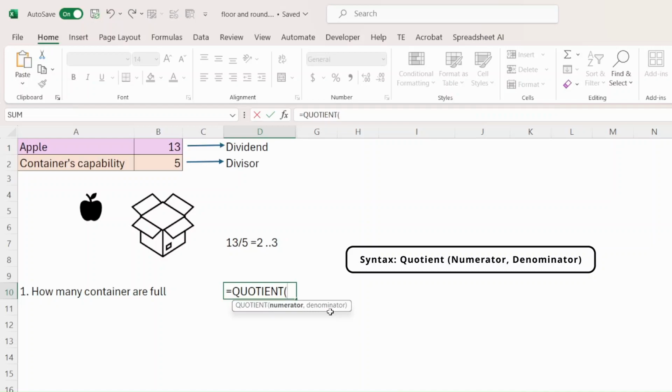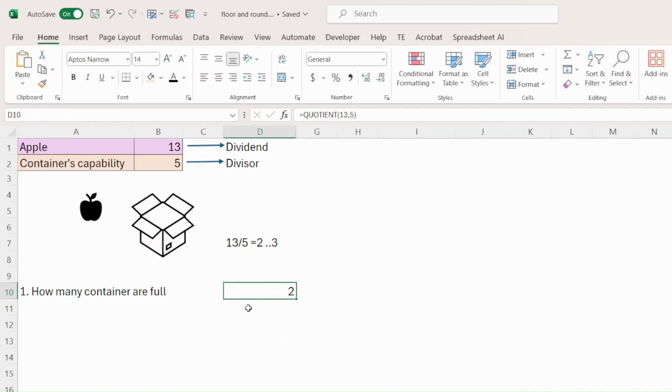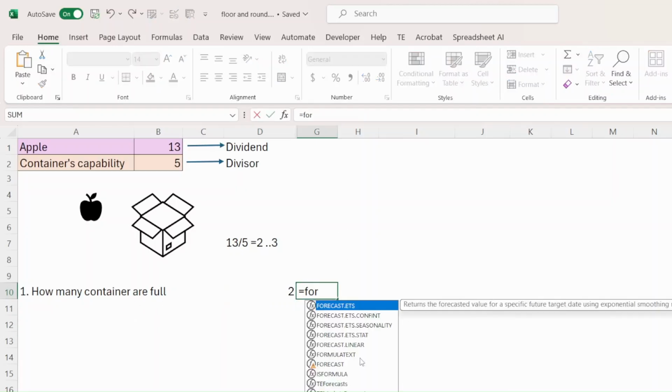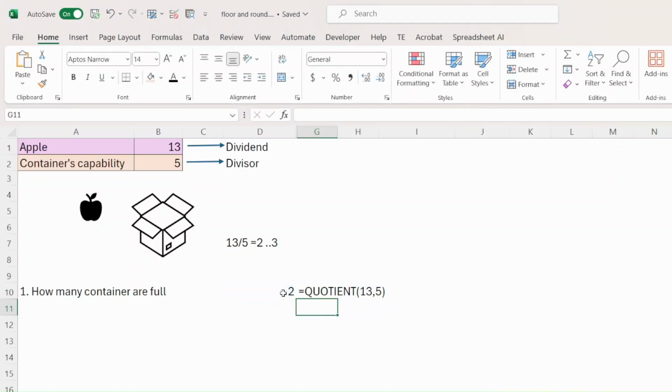First, I will type the numerator, which is the dividend, 13. Then the denominator is 5. That will give us the answer 2, meaning 2 containers are full. Okay, so here's the formula for QUOTIENT.